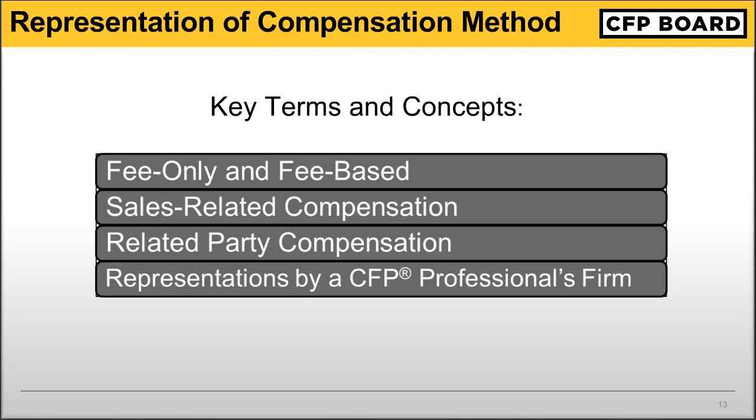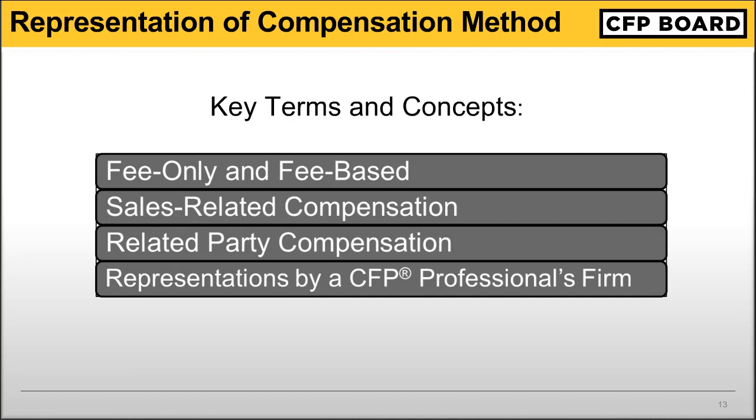So you can describe your compensation as fee only when the CFP professional and the CFP professional's firm receive no sales-related compensation in connection with professional services they're providing to clients. So that sales-related compensation, it's on your screen because it's a new term.